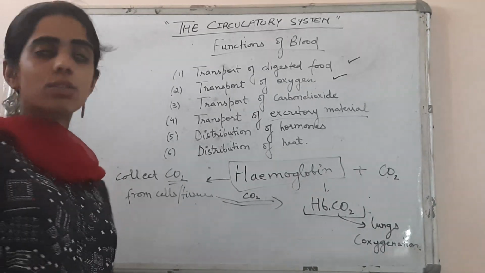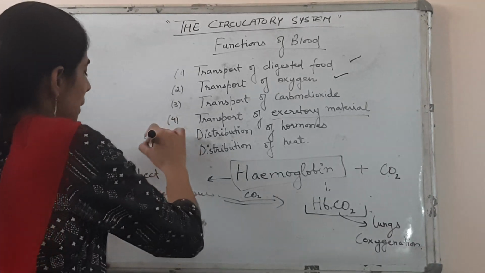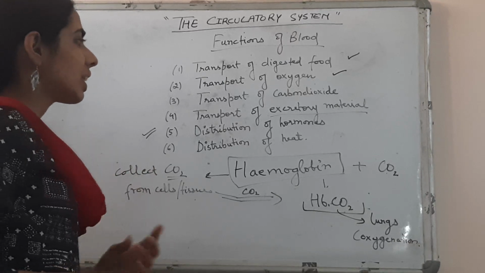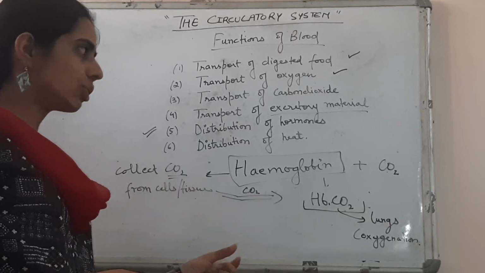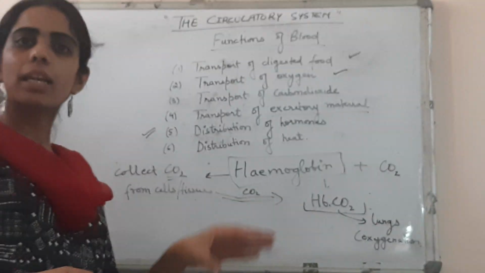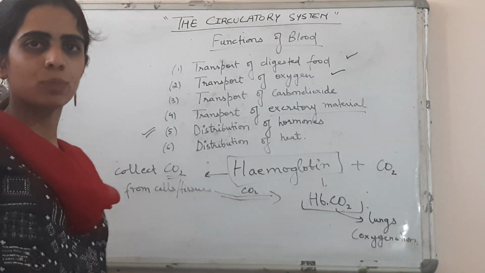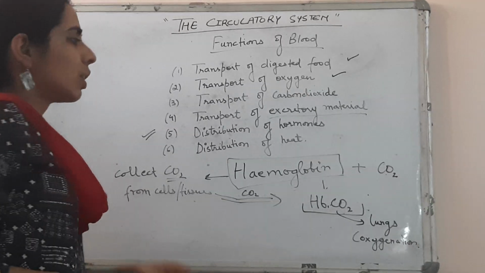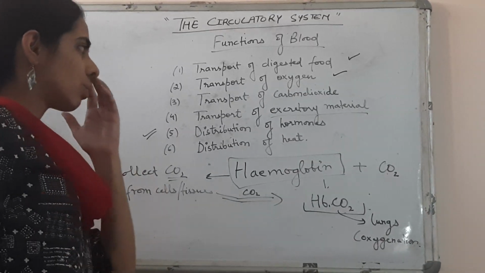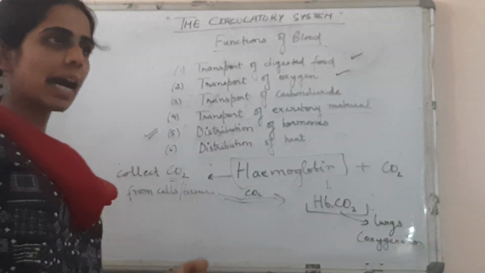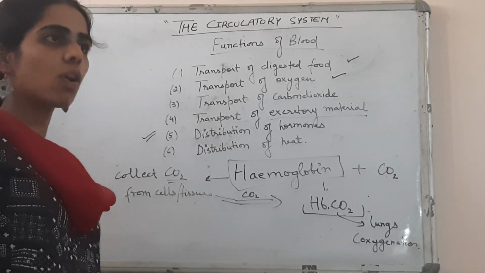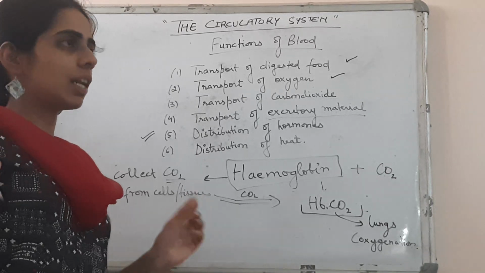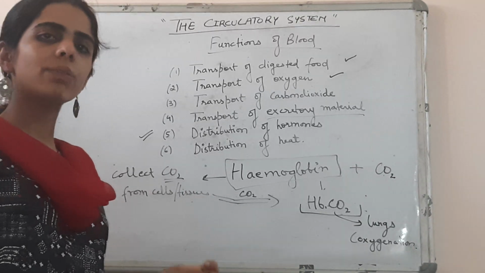Coming to next, distribution of hormones. Yes, this is also an important function. The hormonal glands will secrete certain hormones, and they will be directly secreted into the blood. Here the blood comes into action, and the blood will directly transport that particular hormone to the specific organ for which the hormone has been secreted.